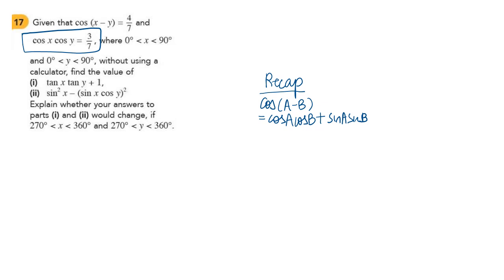Right, so the addition formula for cosine bracket a minus b will give you cos a cos b plus sine a sine b. Why do you want to recap that? Because we want to evaluate this one that's given in the question.